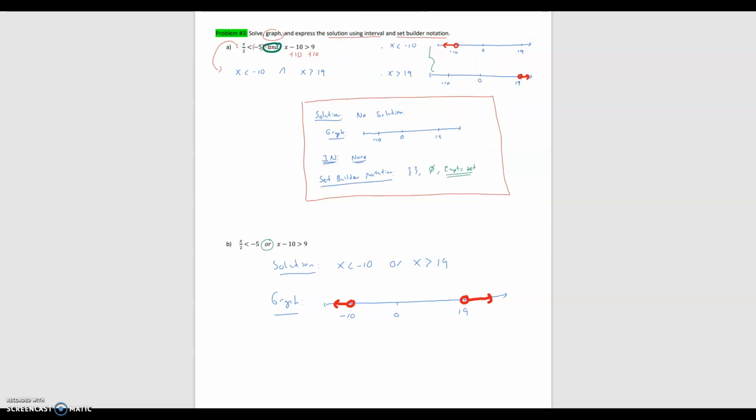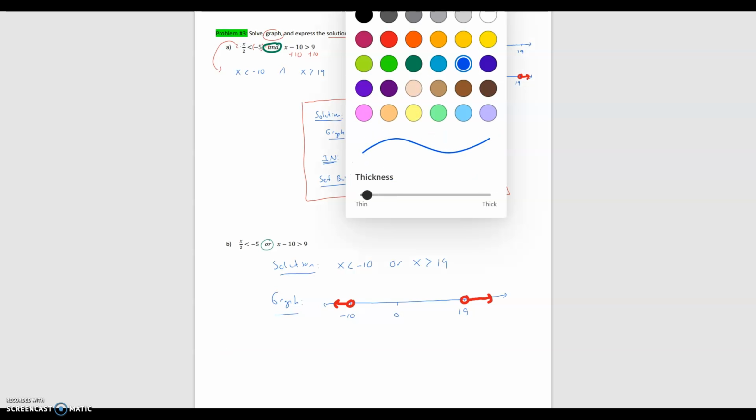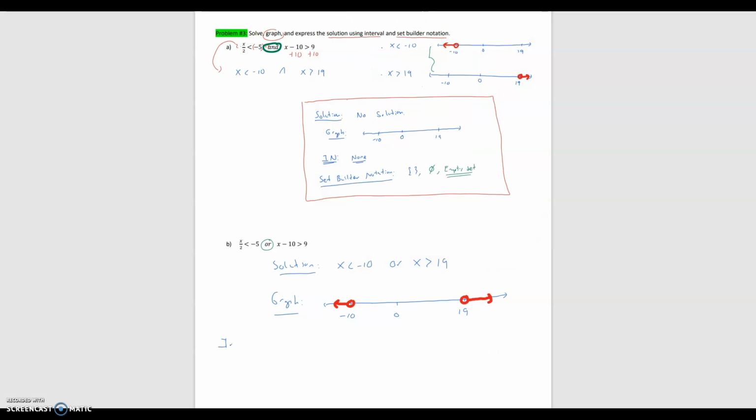Next one, they want the interval notation. Okay, your interval notation is going to include this piece and this as one with the union symbol. So technically from negative infinity to negative 10, and then the union symbol, then from 19, actually above 19, to positive infinity.